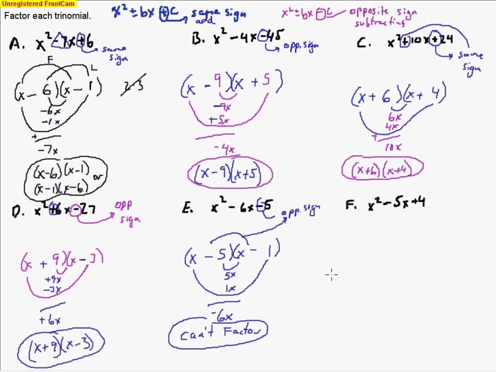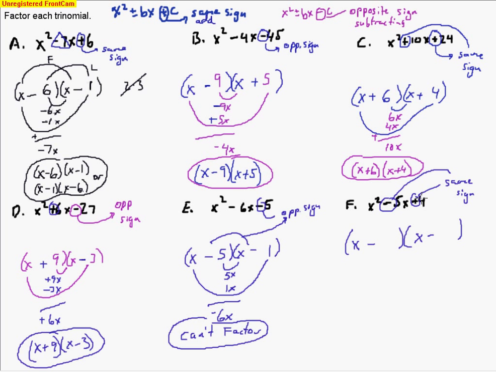Let's take a look at the next one here. Here, again, we look at this sign first. This tells us that we do have the same sign. So unlike the last one, they will add to make 5. So let's go ahead and try it. We know we have x for the first term, x for the second one here. Since they multiply to make a positive 4, but they add to make a negative, the same sign needs to be negative.